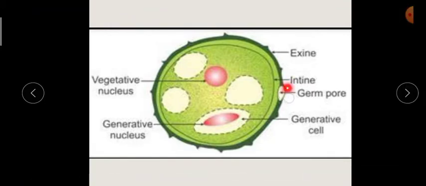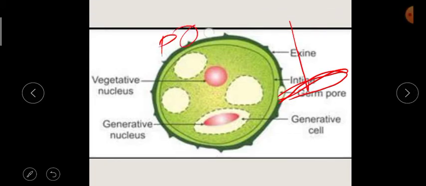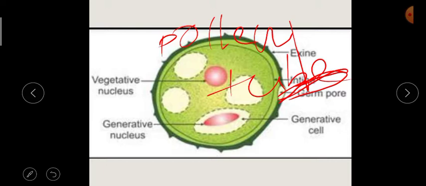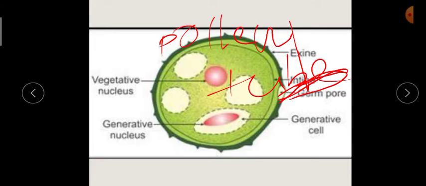From this portion only a tube will be formed, and that tube is called the pollen tube. Understood? If somebody asks you from where the pollen tube is formed, you must say the answer is from the germ pore.